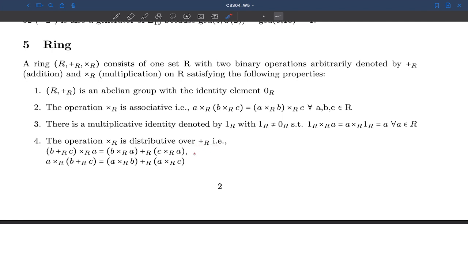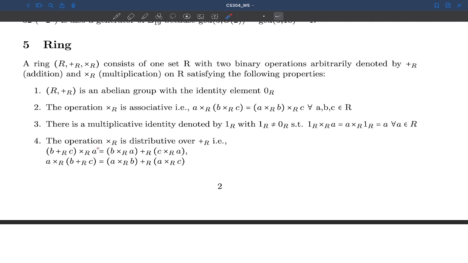What do you mean by distributive? Here I am applying the first operator on B and C. Instead of directly applying, if I first apply A on B, then A on C, and whatever results I get, I then apply the first operator, I should get the same value.